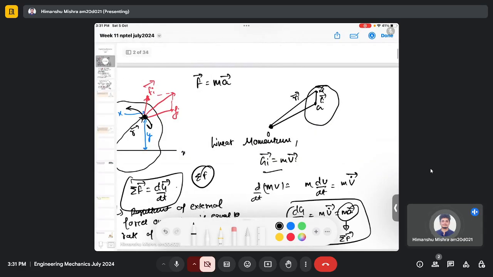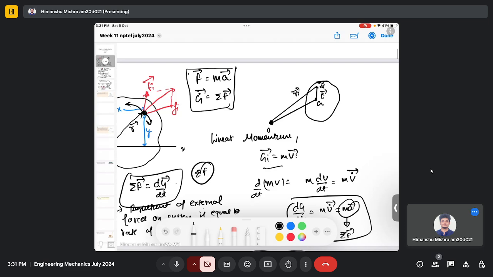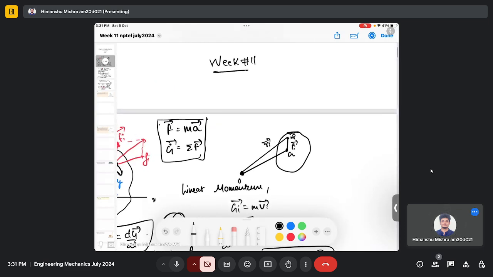Then we looked at the relation between linear momentum and the translational force. Then we talked about the relation between moment and angular acceleration.